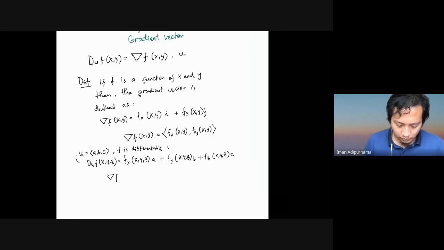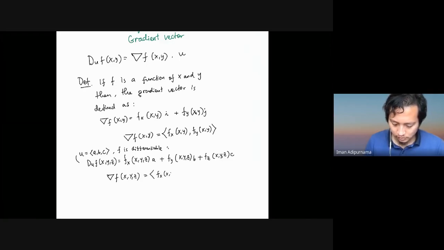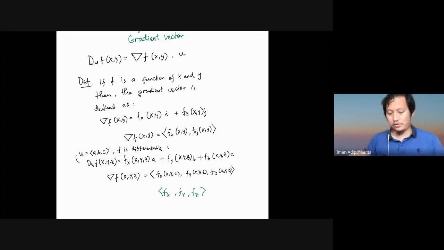From here, we can take the gradient, or simply write partial x, partial y, partial z, to look at it in a clearer way.